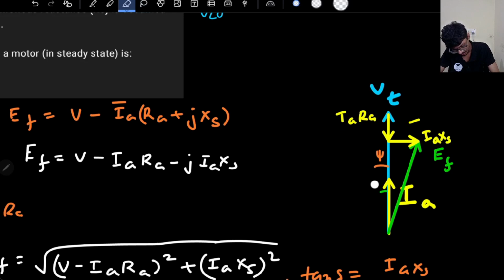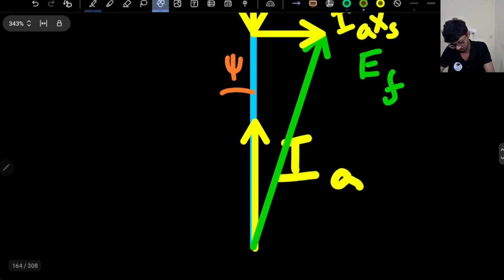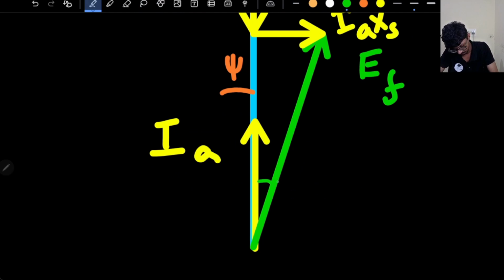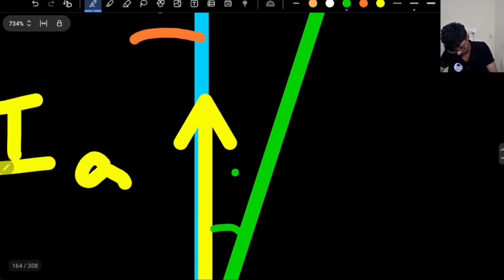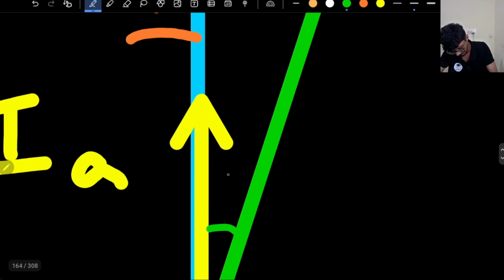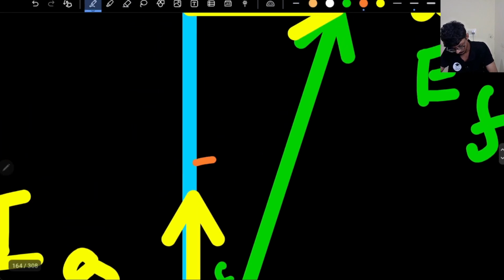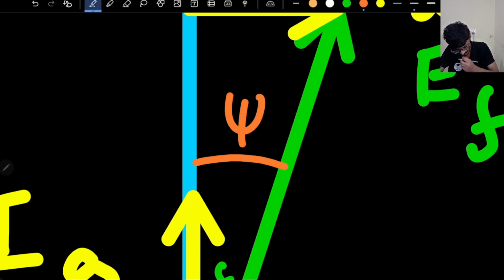Hence, delta will be here, and psi will be here.